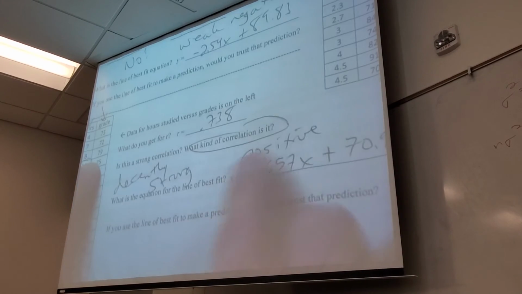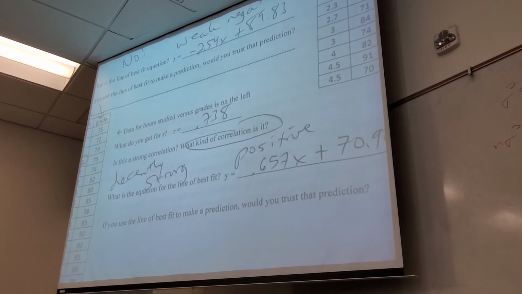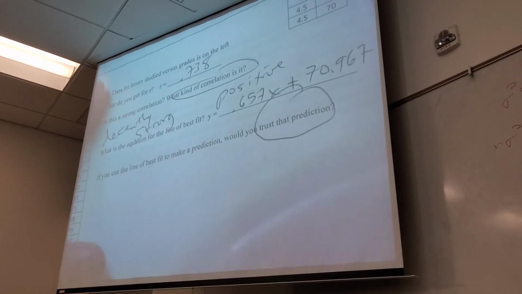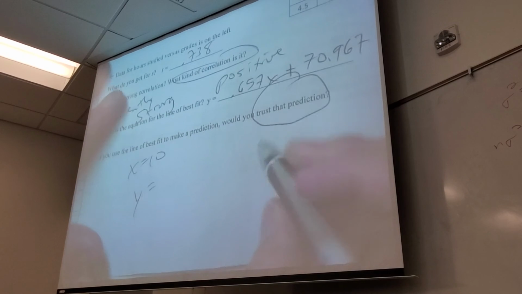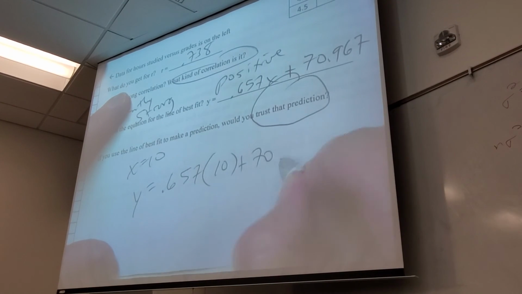Because my r is only 0.738, right? It's a decent approximation, not a very strong approximation. So let's see what we get. I'm making a prediction now, because I trust my line, because r is decently large. If we plug x equal to 10 in, let's see what it predicts y would be.